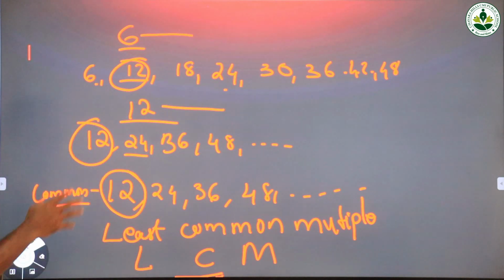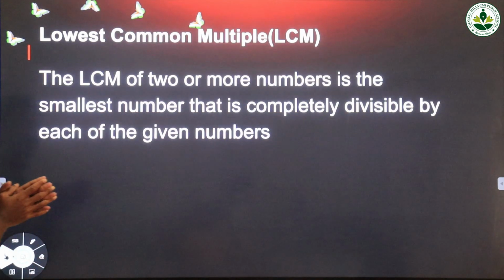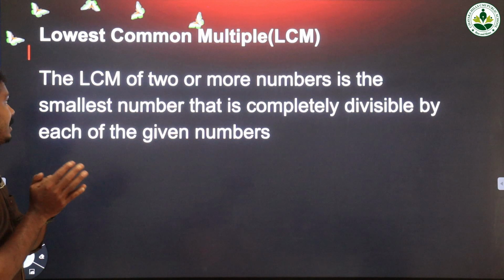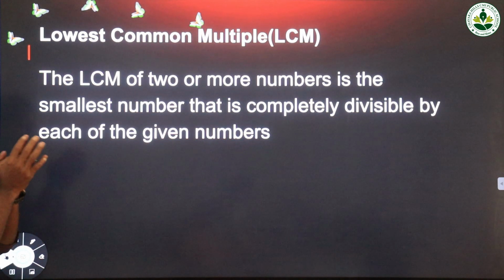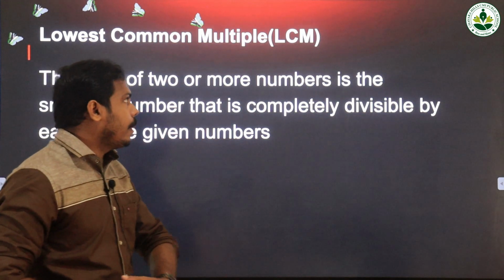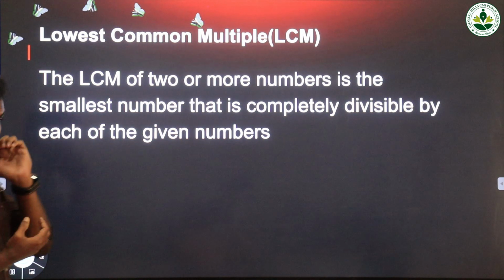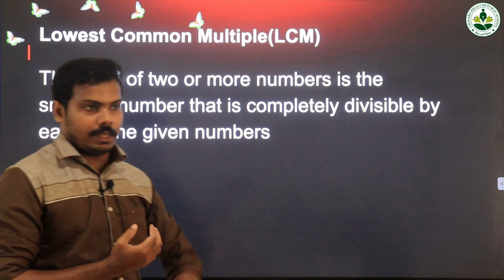So today we are going to discuss LCM, least common multiple or lowest common multiple. The LCM of two or more numbers is the smallest number that is completely divisible by each of the given numbers. First we need to write the multiples of each number.